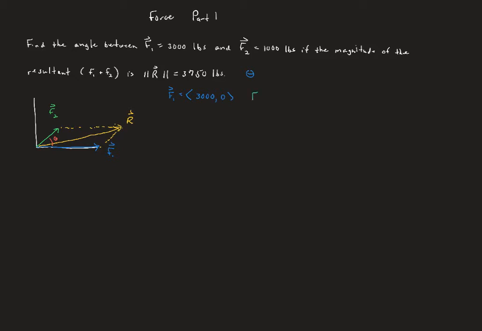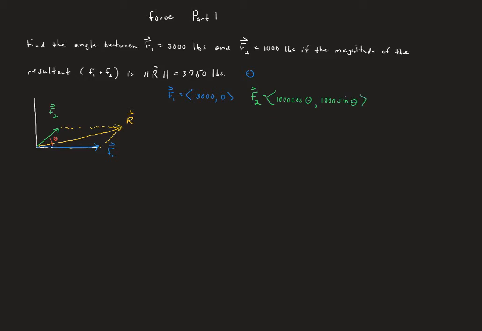Force 2's components: the x component is its magnitude, 1,000, times the cosine of the angle between the x-axis and force 2, and the vertical component is 1,000 times the sine of that angle.